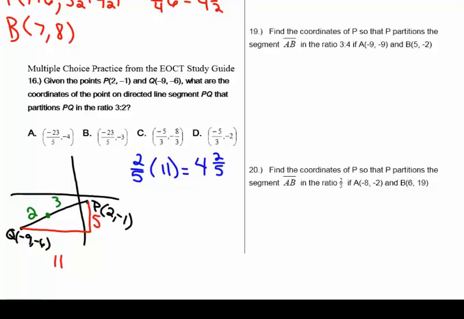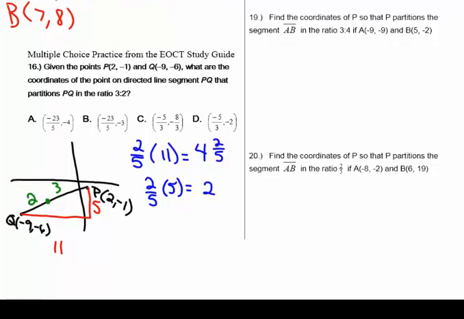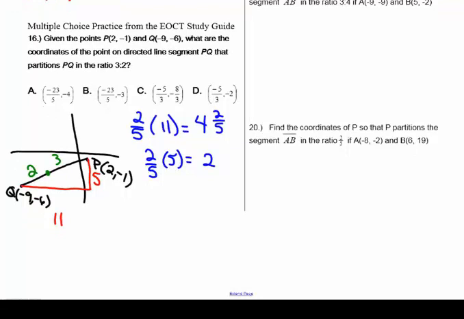And then 2/5 of 5 is going to give us 2. So then we can add those values to our Q. Okay, and so we had Q was -9 and -6, and we want to add 4 2/5 and 2.